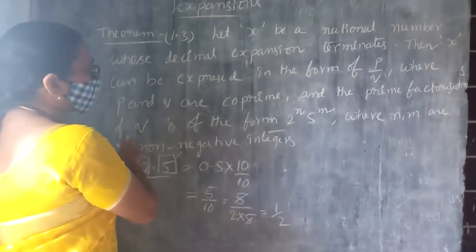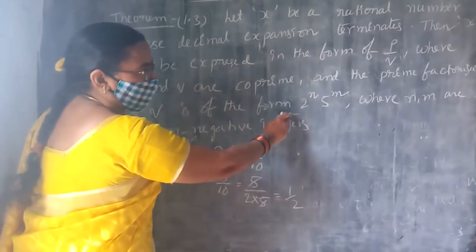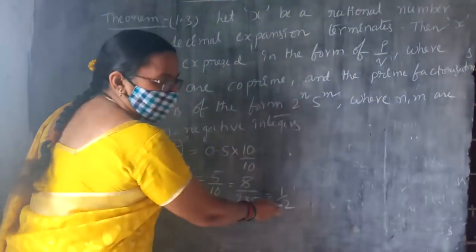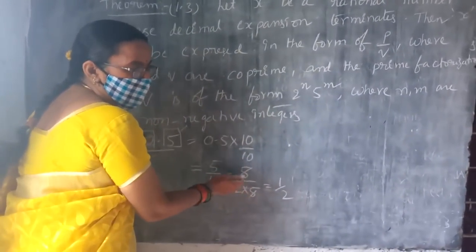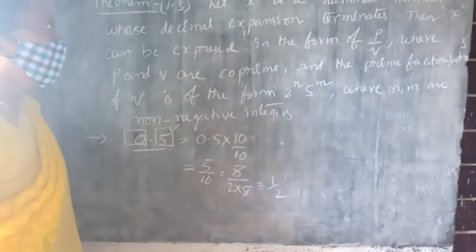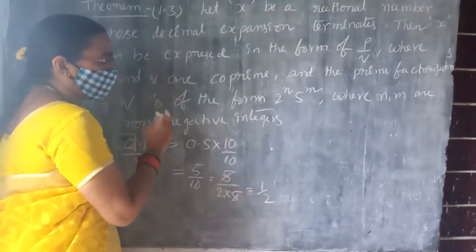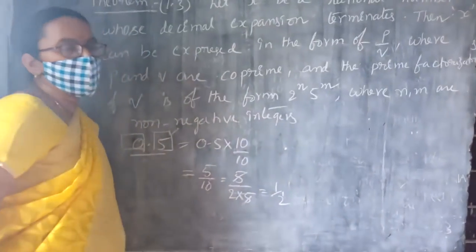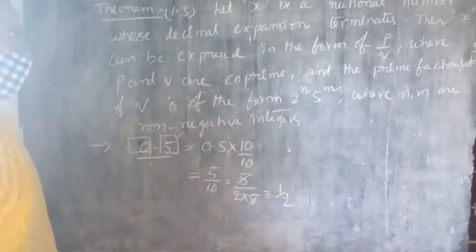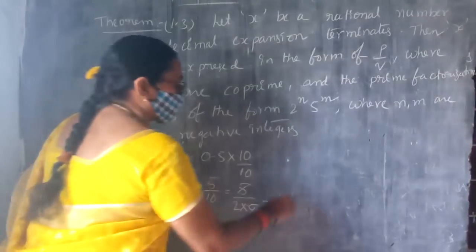Next, q is of the form 2 power n, 5 power m, where n and m are non-negative integers. What is the power of 2? 1. 1 is a non-negative integer. Are you understood?